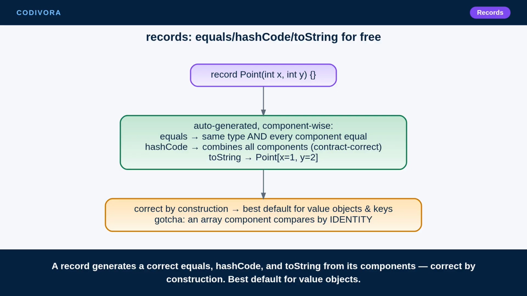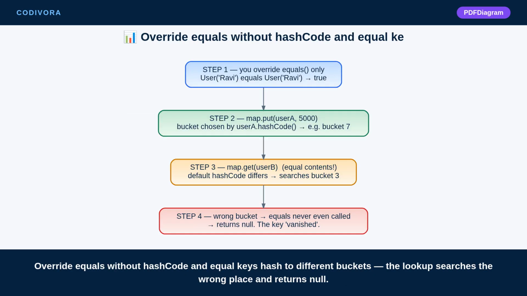It is correct by construction, so the vanishing key and field mismatch bugs simply cannot happen. One gotcha only. An array component compares by identity, not contents, so avoid arrays inside records. For any value object, reach for a record first. Override equals without hashCode and equal keys hash to different buckets. The lookup searches the wrong place and returns null.